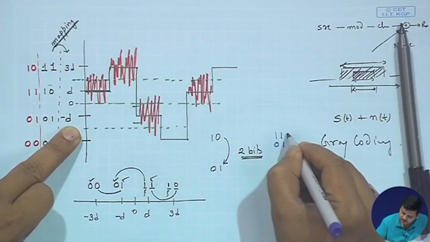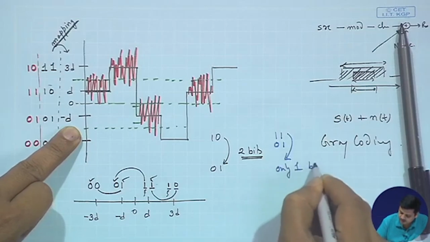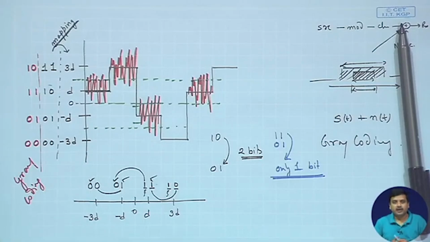So, this we see differ by only 1 bit. So, whenever you make an error in detecting a particular symbol or an amplitude, at most you would make 1 bit error. That is the philosophy of this particular method of coding, right.